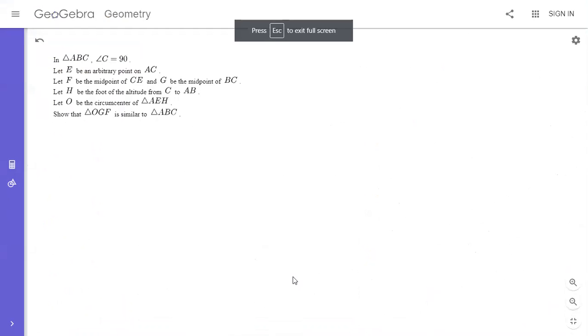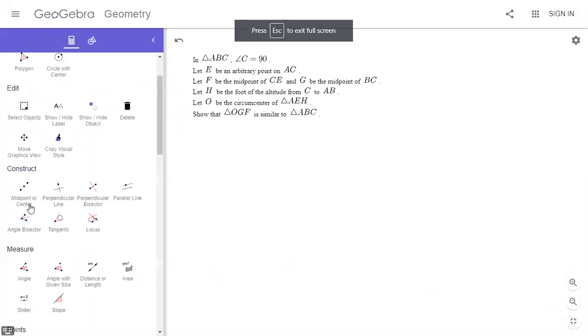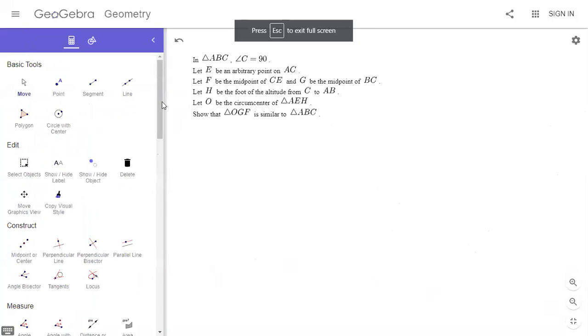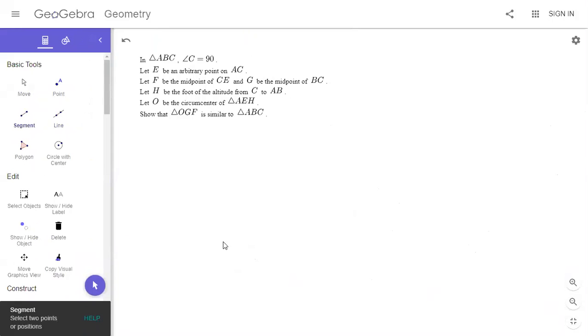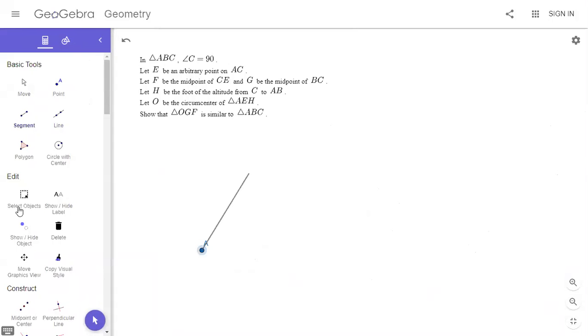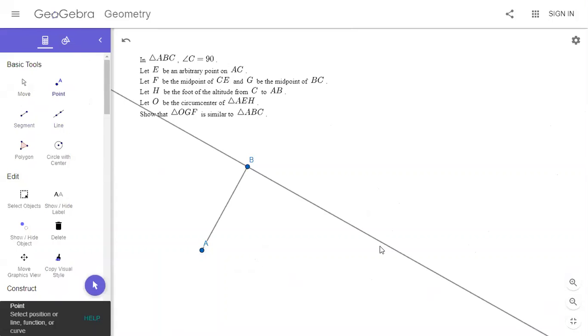This one looked kind of fun. I just looked at it very briefly, but didn't really work on it very far. So we have a triangle ABC where angle C is 90 degrees. I'm going to switch B and C here.